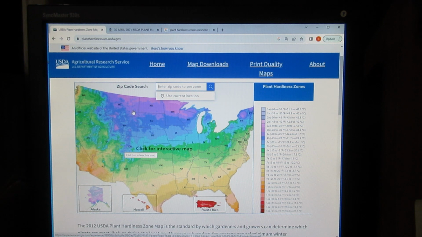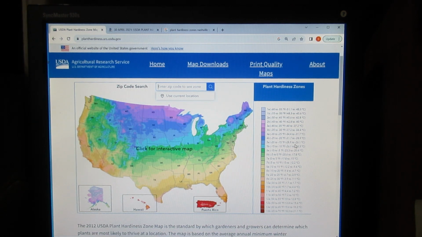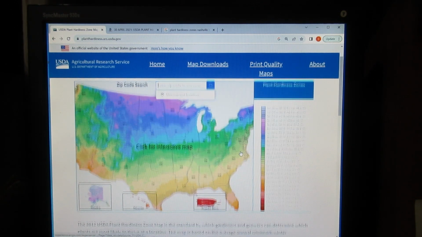We get a color value and we get a matching numeric value. Right now, the legend starts at 1A and goes to 13B, with 1A being the coldest, which is here in Alaska, and 13B is in Puerto Rico. Then we have it all in between.